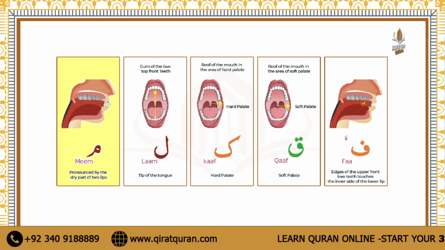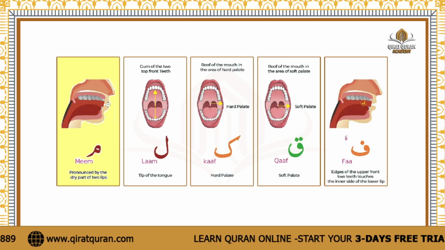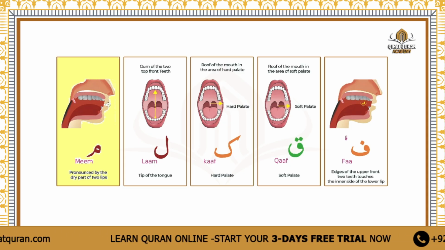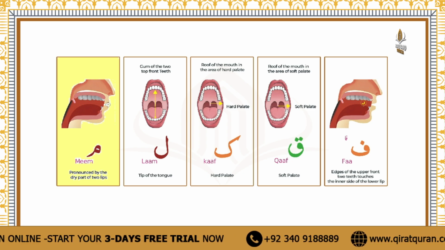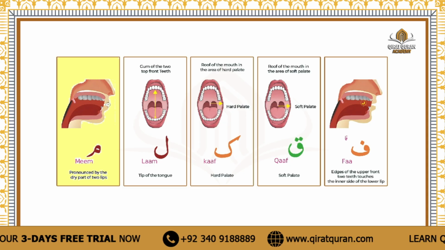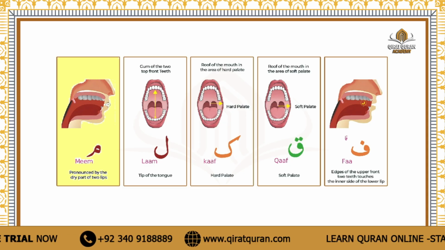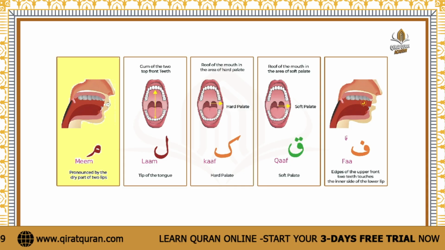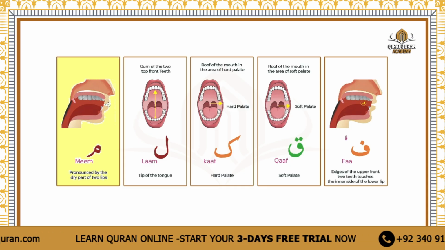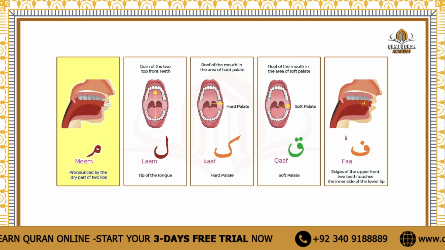Now the origin of letter mim is the dry part of two lips. You have to pronounce it by the dry part of two lips. When the dry part of your two lips meets one another, that's how you can easily pronounce mim.